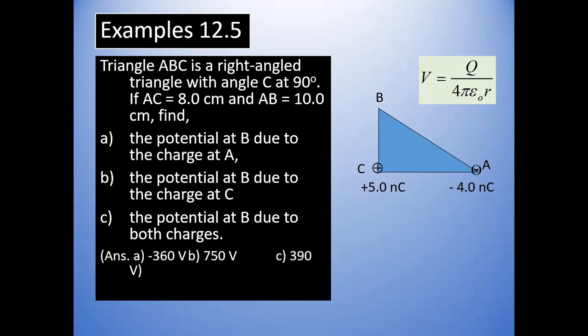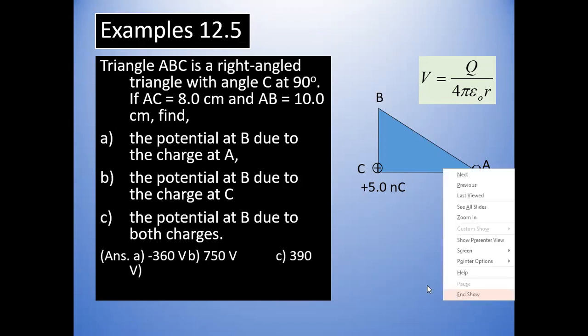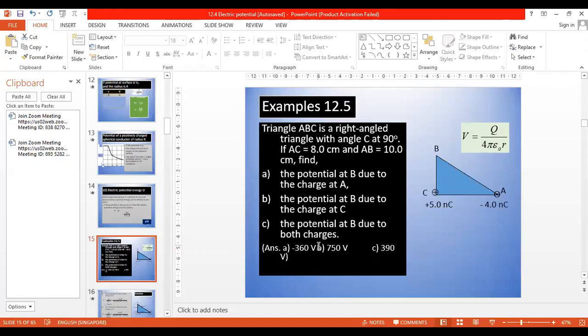Find the potential at B due to the charge at A. So we take the charge at A, negative 4 times 10 to the power negative 9 over 4 times pi times epsilon times, since they put AB 10, so 0.1 squared. Is the calculation correct? What is the answer? Wait, give me a minute. Let me calculate it.